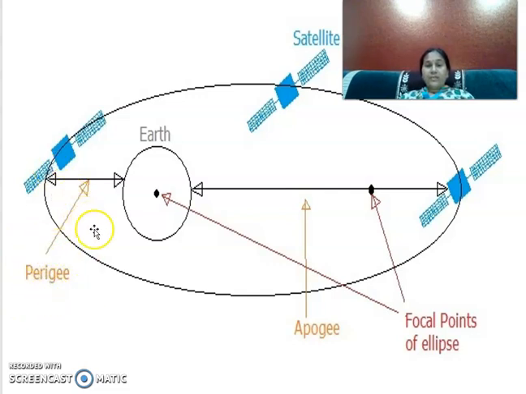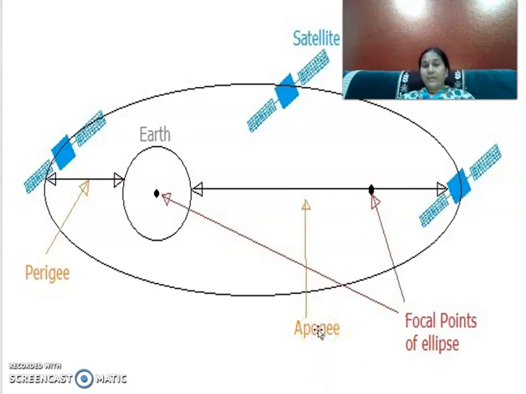And if you continuously measure the distance, the farthest point from the earth is called the apogee point. The distance from the center of the earth to the satellite is maximum there. It is called the apogee point.